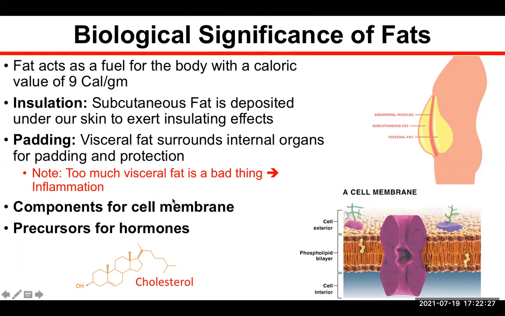And then the other main significance that fats serve is as precursors for hormones. Here I have an example of cholesterol, and this basic structure is used for the synthesis of many different kinds of hormones, such as testosterone and estrogen, as well as other steroids that facilitate stress, such as cortisol.